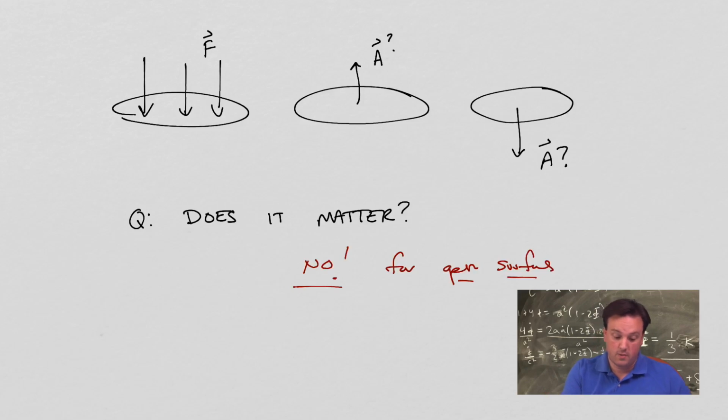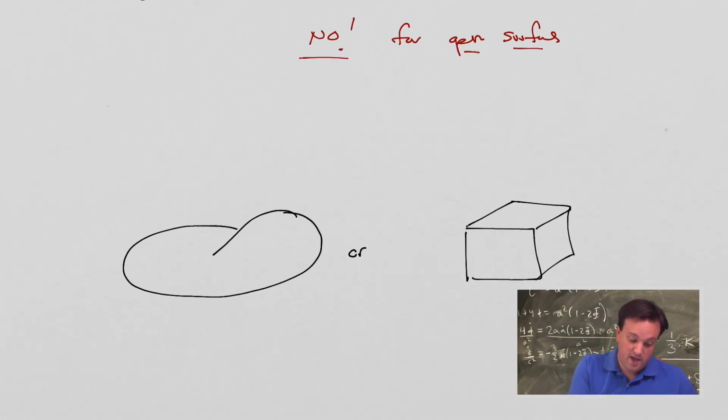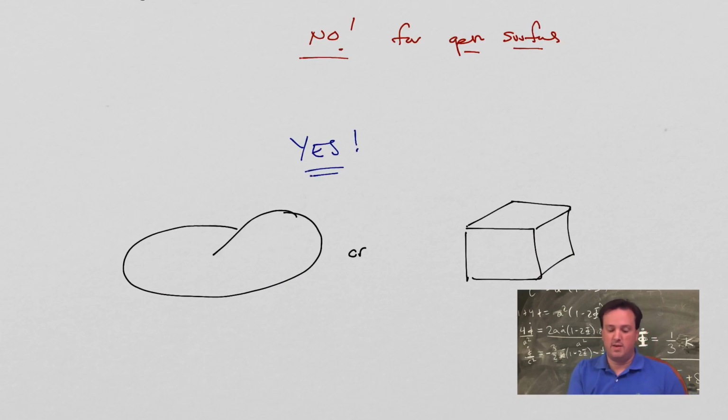On the other hand, though, if I have a closed surface, such as this jelly bean or this box, then the area vector always has to point outward.